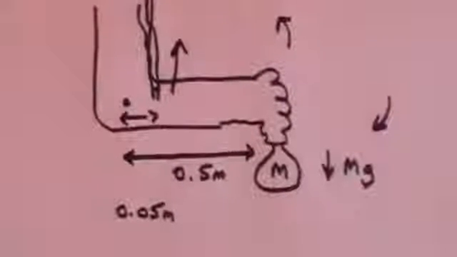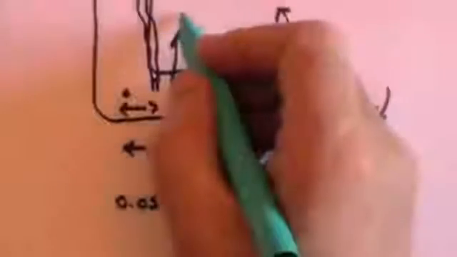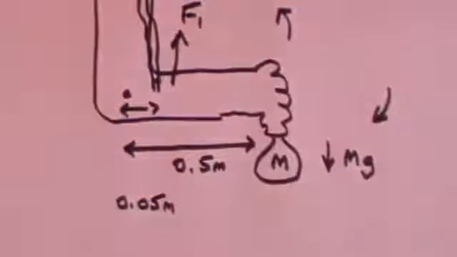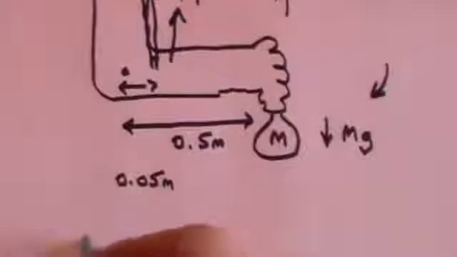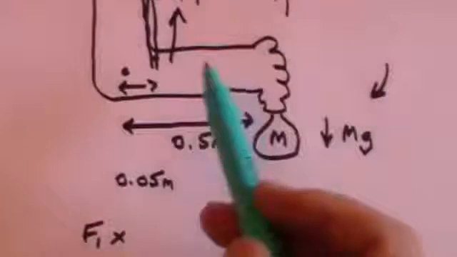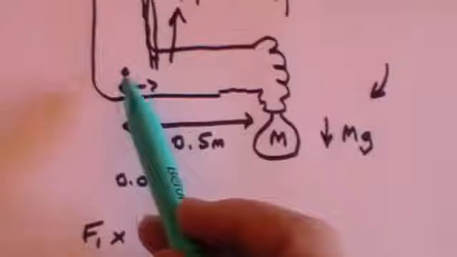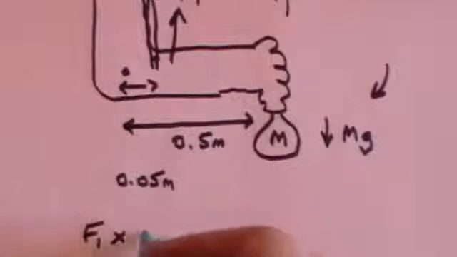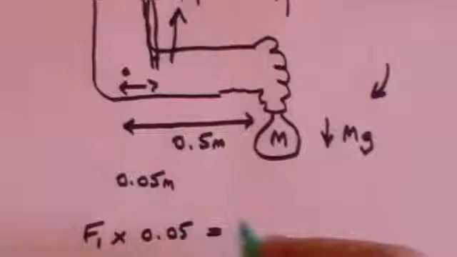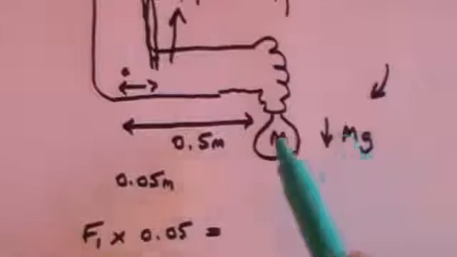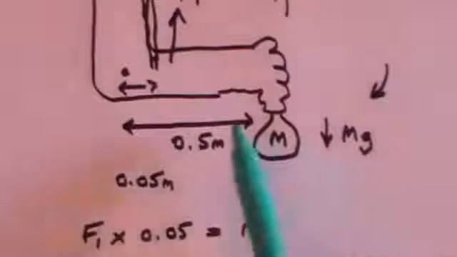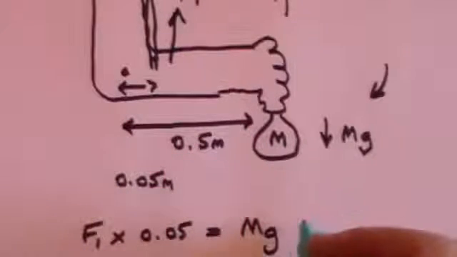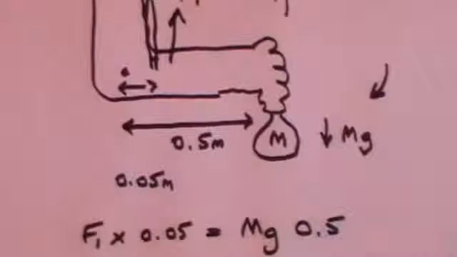And so now we've got the situation that the force that I have to exercise to keep my arm up, the moment of the force, is F1 times the distance from the muscle to the turning point, which is 0.05 metres, has got to be equal to the weight that I'm trying to carry, which is mg, times its distance, which is 0.5.